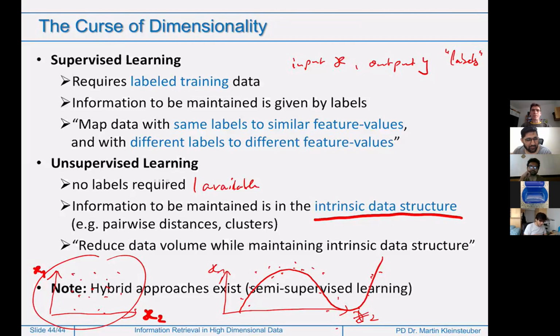So I would just like to add something. For example, here Martin said that information is to be maintained in the intrinsic data structure, in pairwise distances and clusters. So for example, in case of the MNIST dataset, if we reduce the dimensions, then in this new space, let's say a 10 dimension space, the ones should be closer together as compared to 1 and 8, because 8 looks quite different than 1.